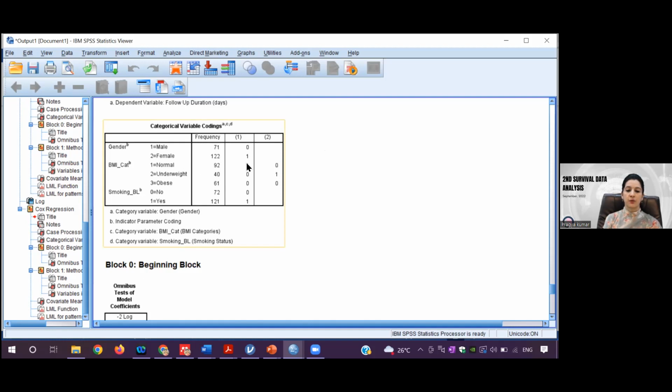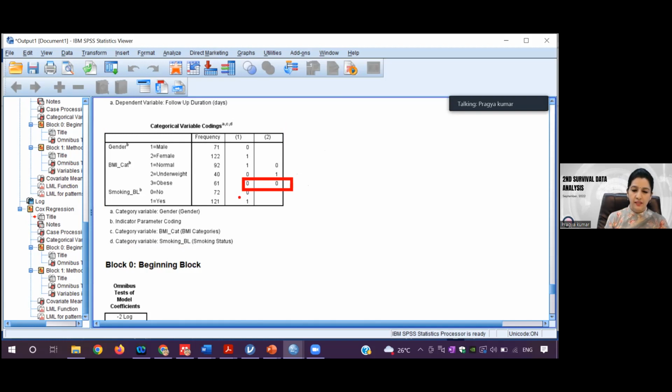Again, you can see the coding, it is 1 for normal and it has taken 0 for this. If you are saying 0, 0 in obese, that means it has taken obese as a reference, and it will give you the hazard ratio in normal and over. Yes, you are right, Paramita. Wherever this 0 is there, that means it is the reference.